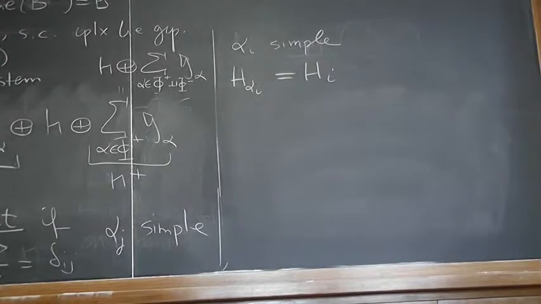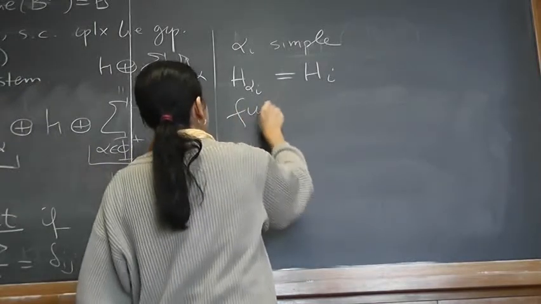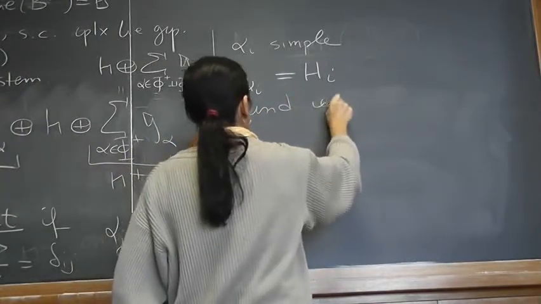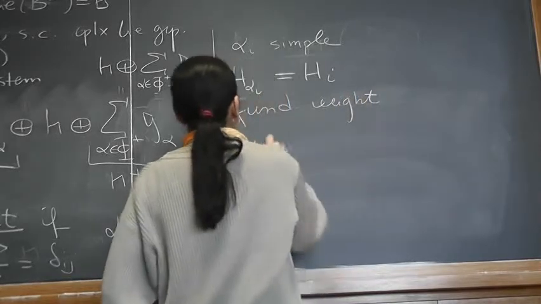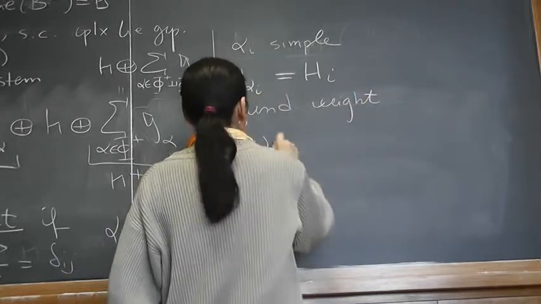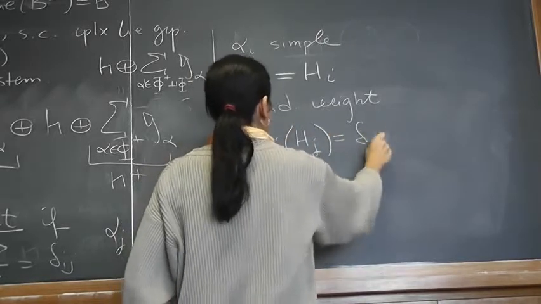There is this thing I said at the beginning, there is an SL2 sitting in there. Now, she says correctly that the fundamental weight has the property, and it's very easy to see in a moment, that omega I Hj is equal to delta Ij.